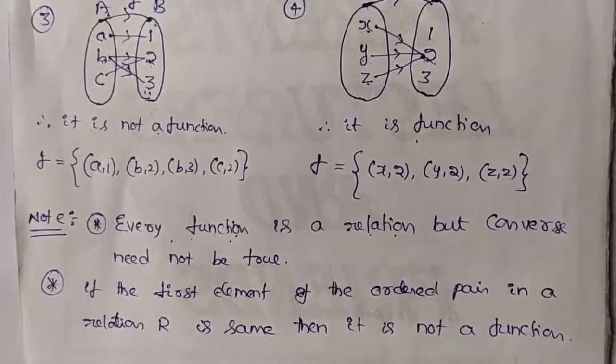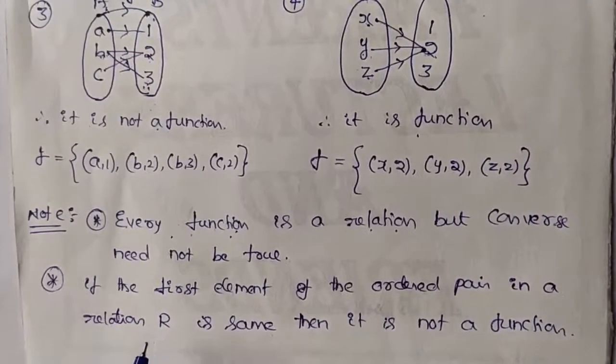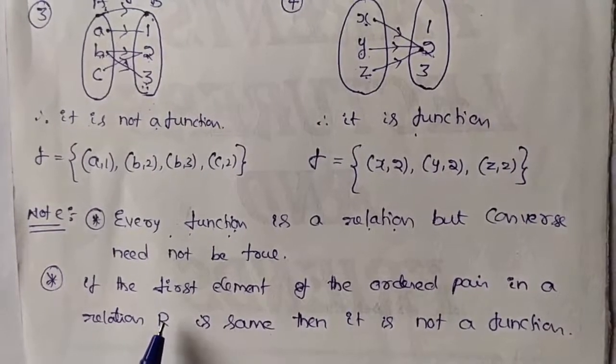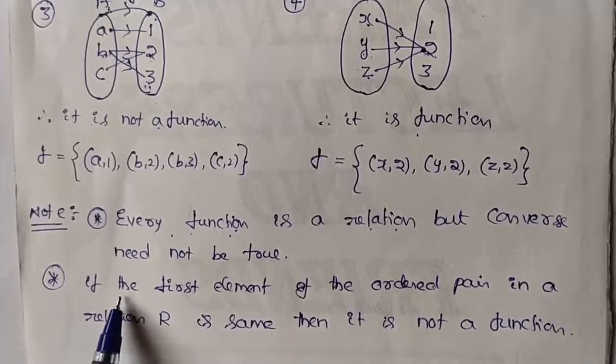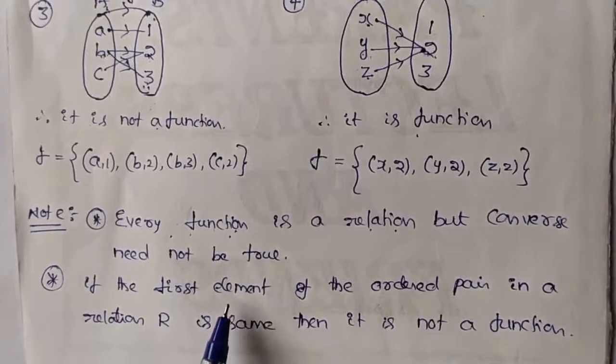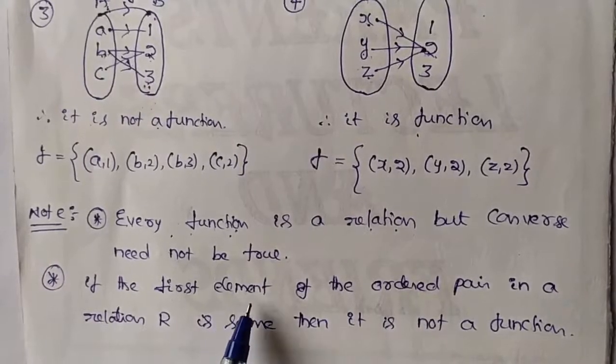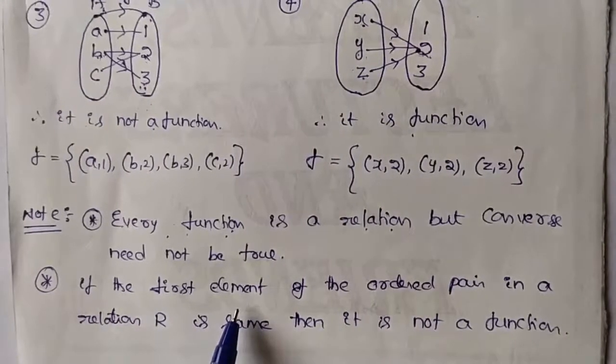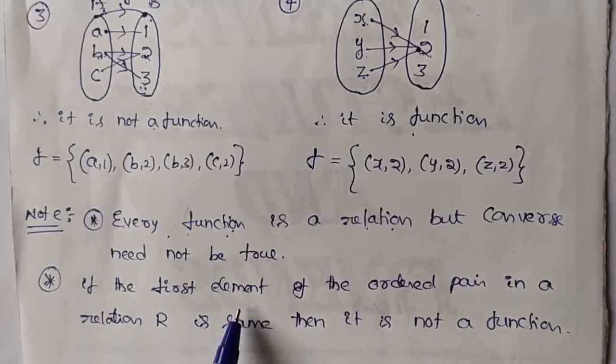It is a very simple point to verify whether the given relation is a function or not. This says that if the first element of the ordered pair repeats in the relation, then we can say that it is not a function.